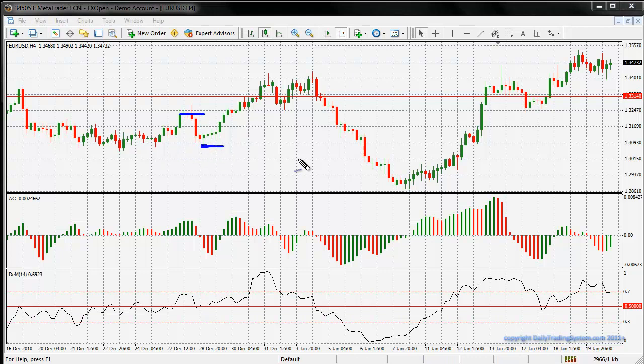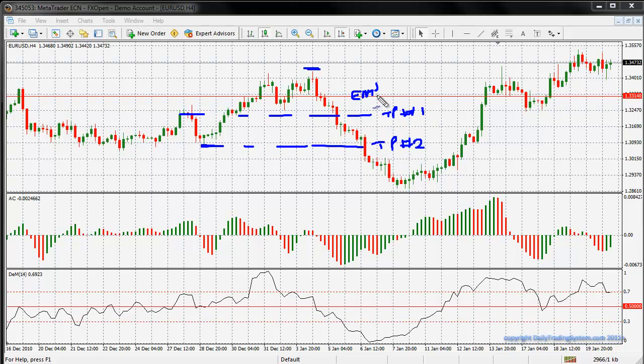Then we can target maybe down here or maybe down here, and we'll use the same money management and risk management rules, and we'll place our stop loss up the top here. This is our entry price, this is our first TP target, and this is our TP target number 2.